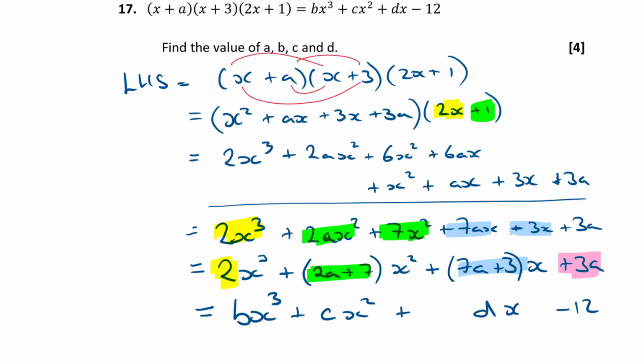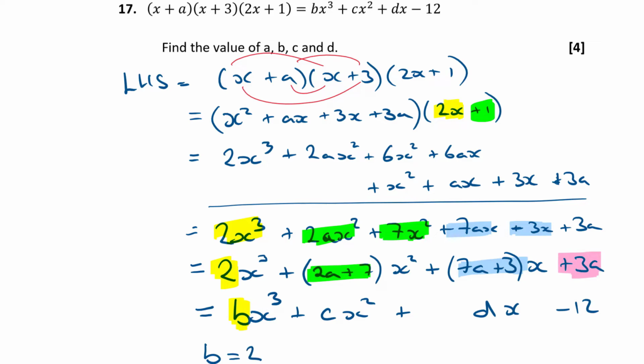I got 2 as the coefficient of x cubed for my left hand side, and my right hand side I had a b. Now if these two expressions are the same, then each part of these has got to be the same. So my 2x cubed has got to match up with my bx cubed, which means b must be equal to 2.